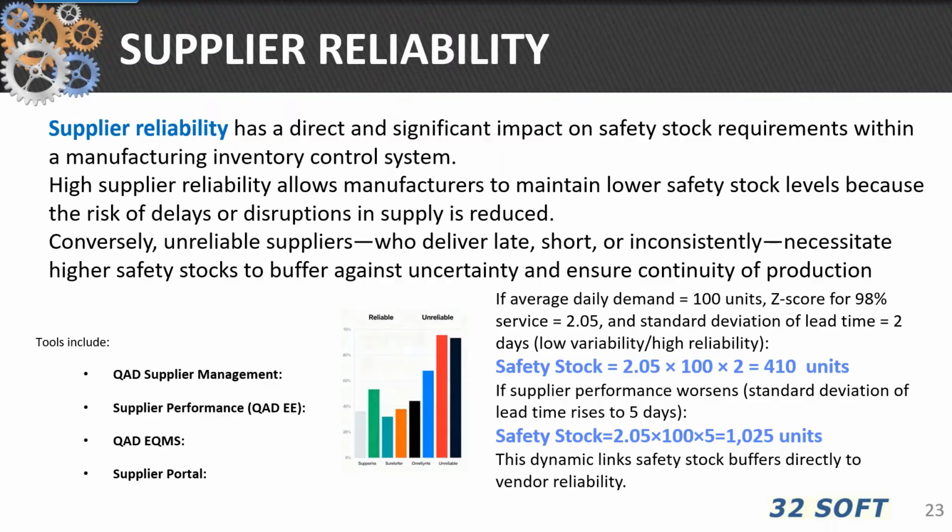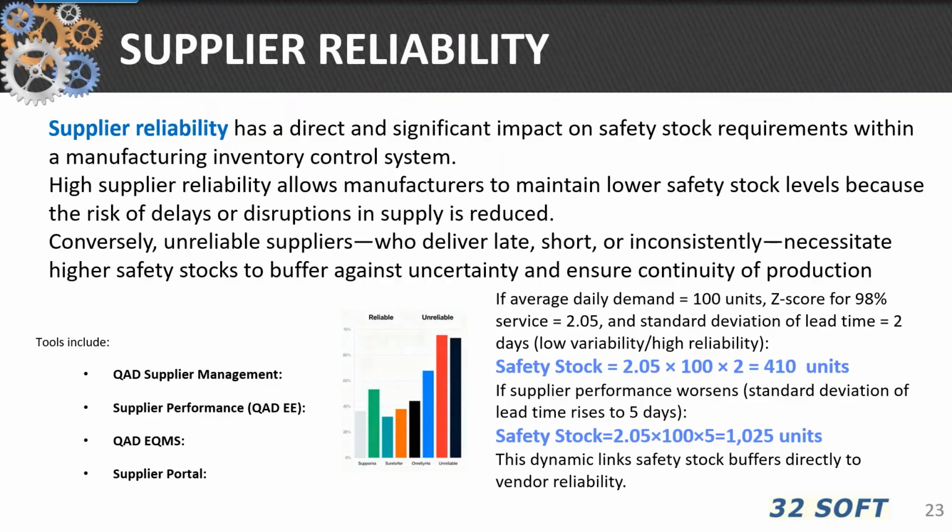Through the example we see here, with an average daily demand of 100 units, a Z-score of 98%, which is a service factor of 2.5, and a standard deviation of 2 days for a high-reliability supplier, the safety stock is 410 units.